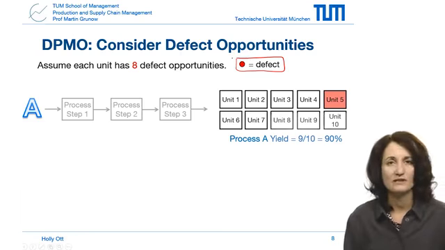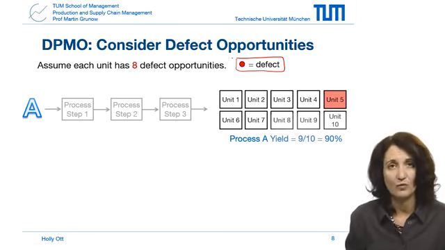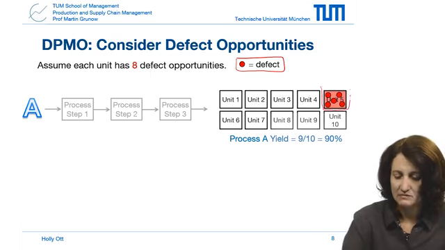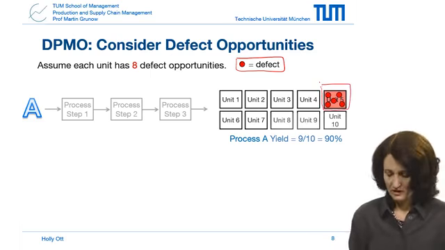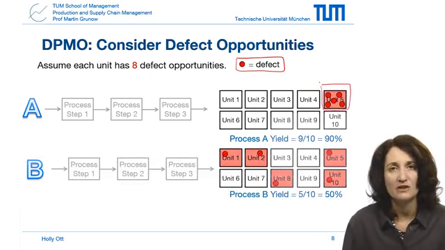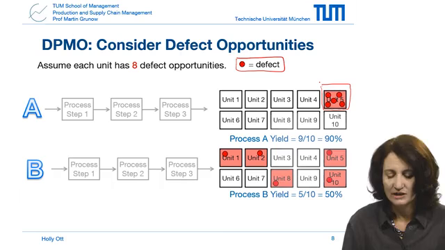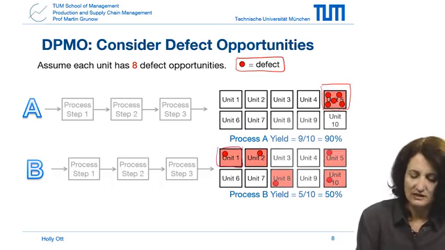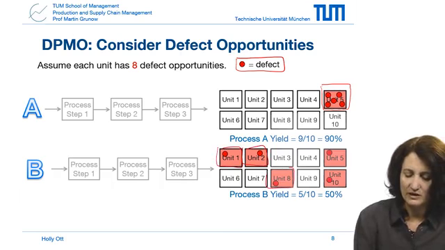Here we see for process A, remember for process A that Unit 5 was defective, and all of our defects have occurred on Unit 5 and it's officially defective. For process B, however, we see that the defects are actually on each of the defective units. Each of these defects caused a defective unit, but they all occurred on different units instead of all in the same one.